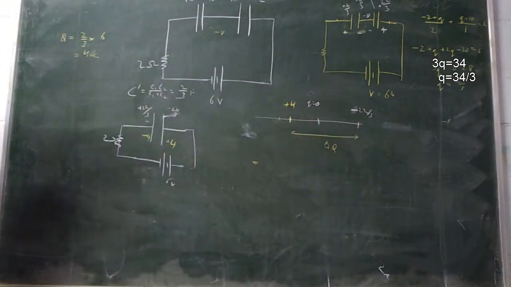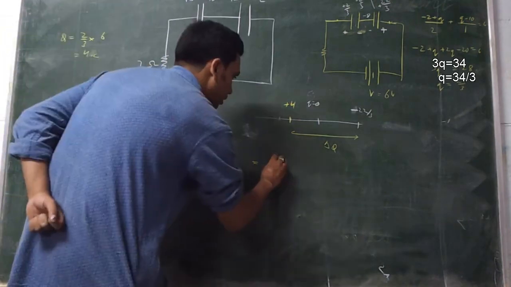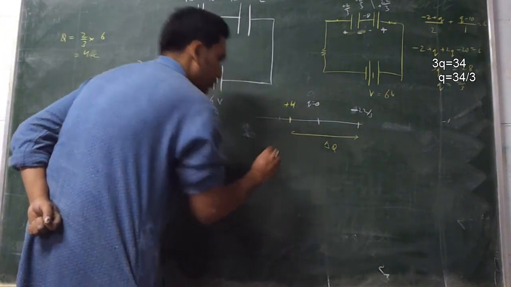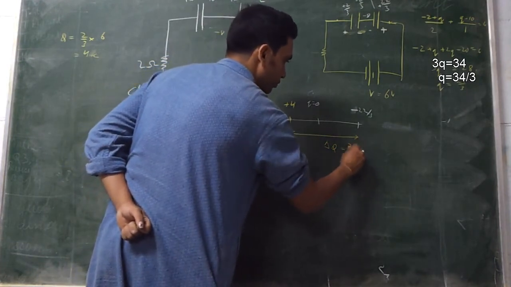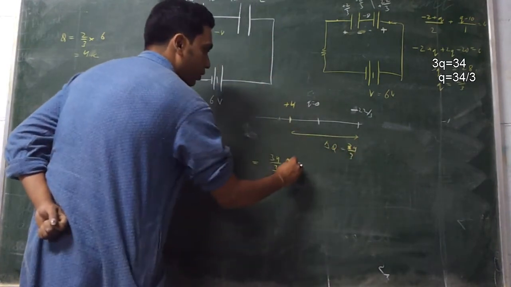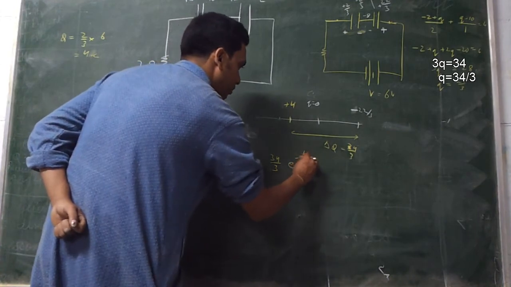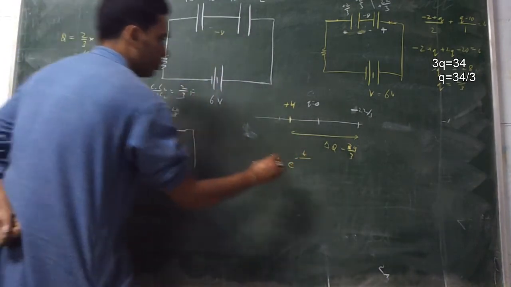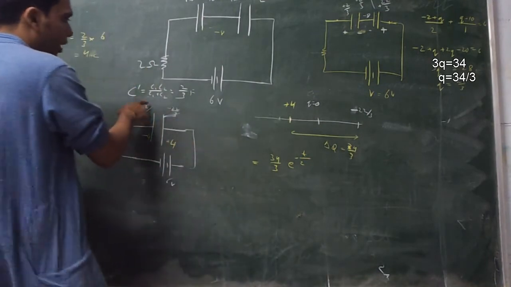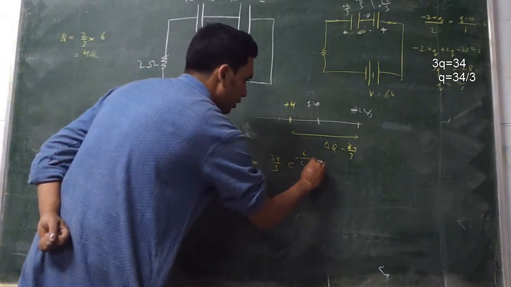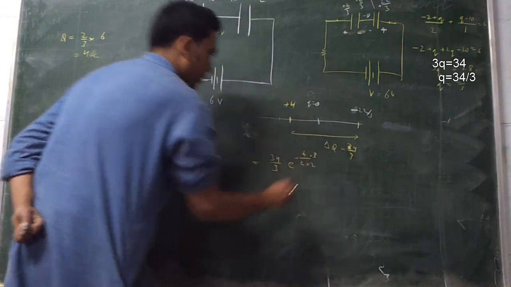So it is 22 by 3 plus 4, which is 34 by 3. 34 by 3 is your delta Q, e power minus t by RC. R is 2 and C you will take as 2 by 3, so 2 into 2 by 3.